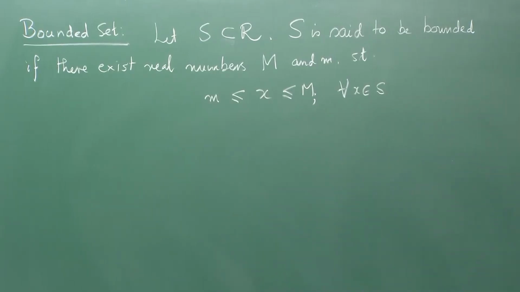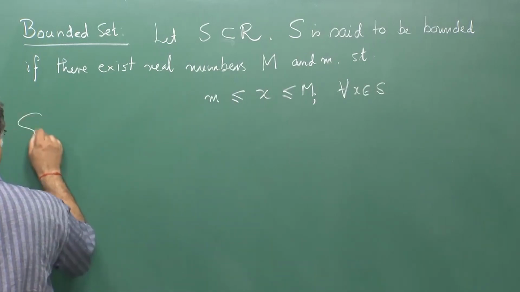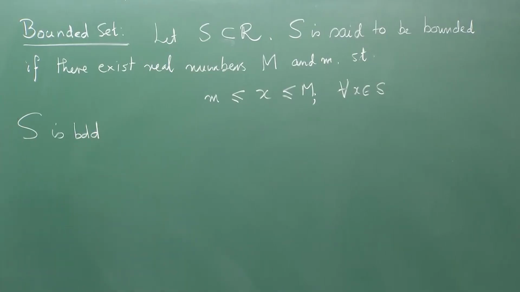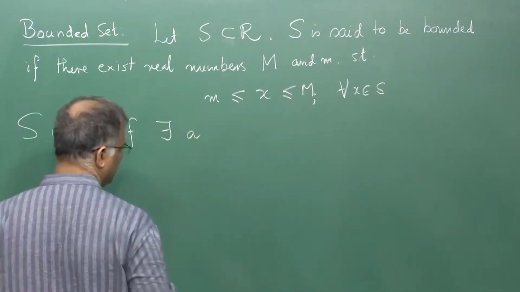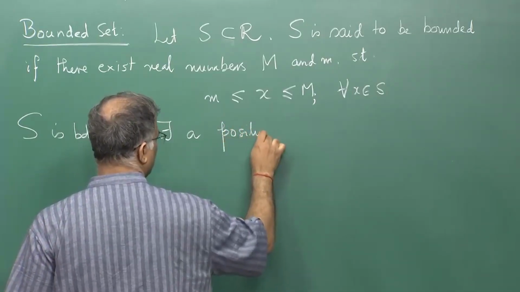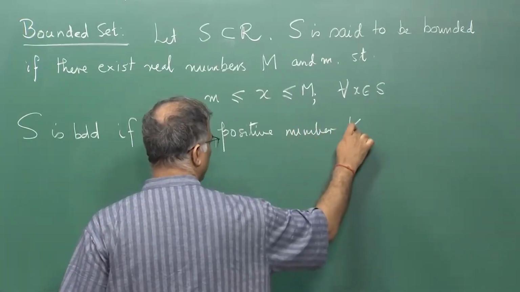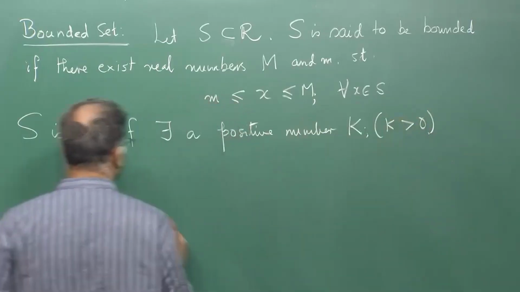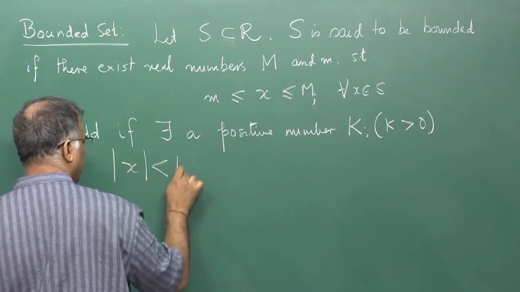Many people would prefer that way: S is bounded, I am making a short form of bounded, BDD, if there exists a positive number k, that is k greater than 0, such that the absolute value of x is strictly less than k.